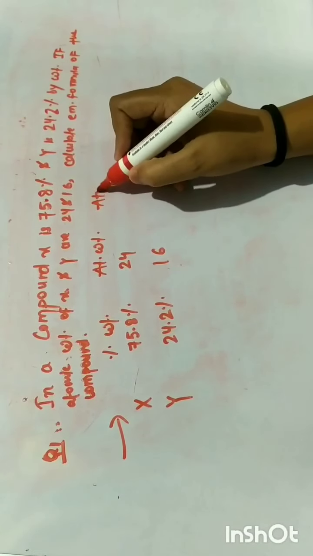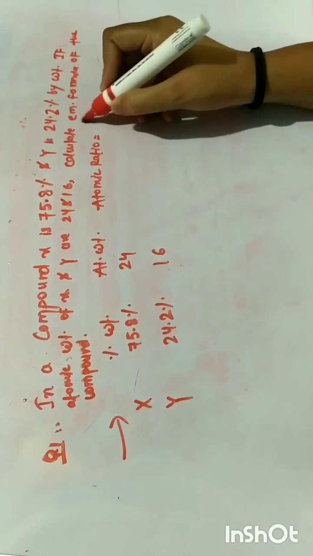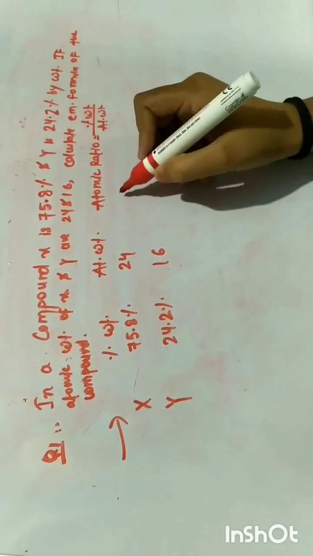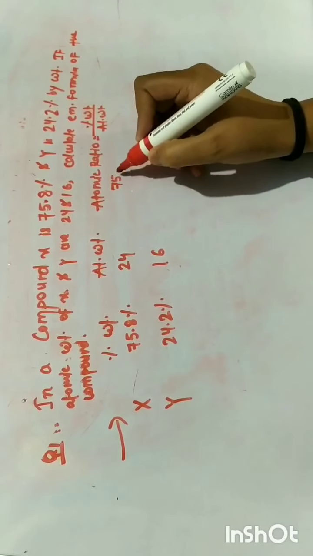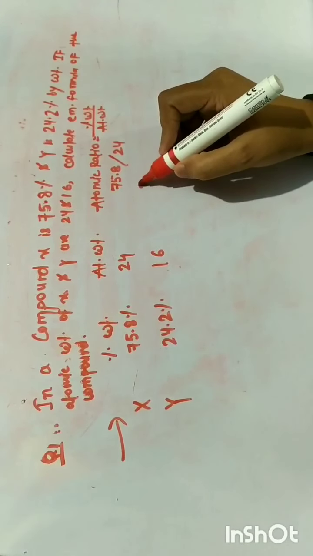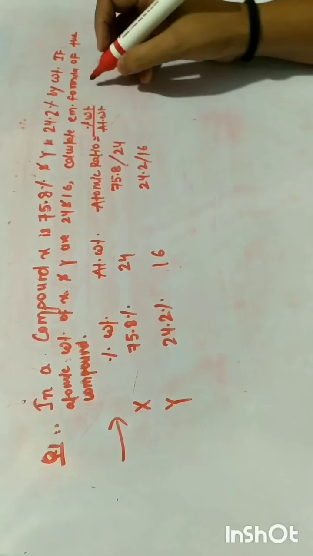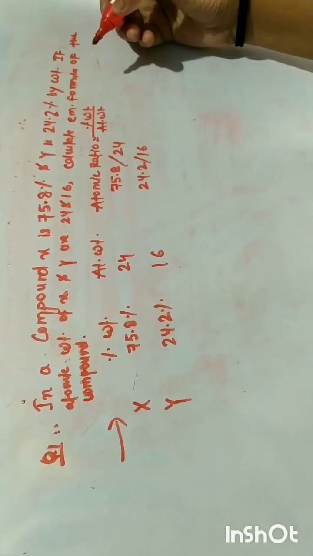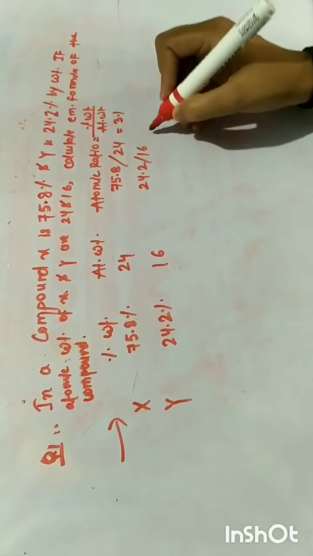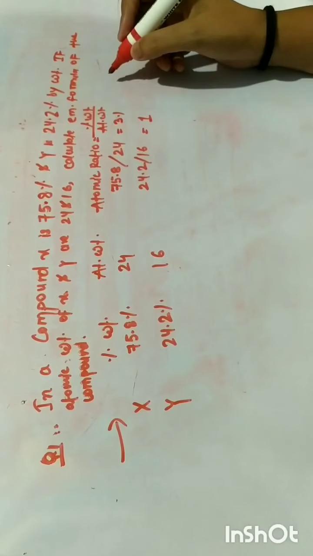Now the atomic ratio is percent weight divided by atomic weight, right? So 75.8 by 24 and for Y it is 24.2 by 16. After calculation, 3.1 and 1.5 come.